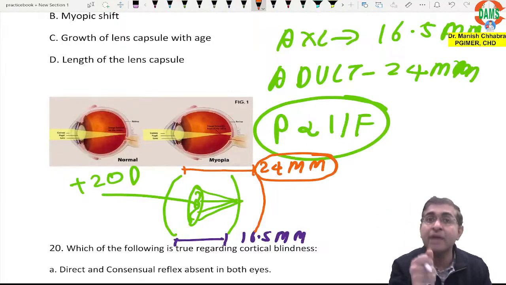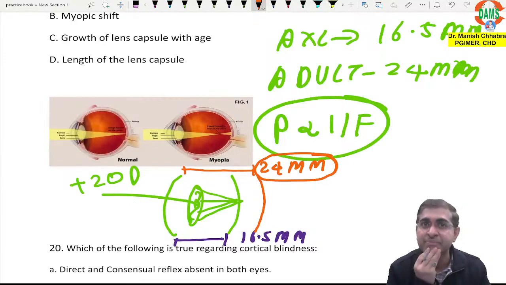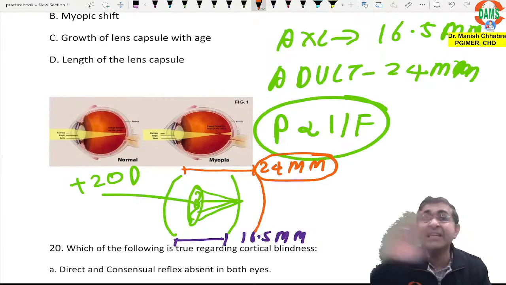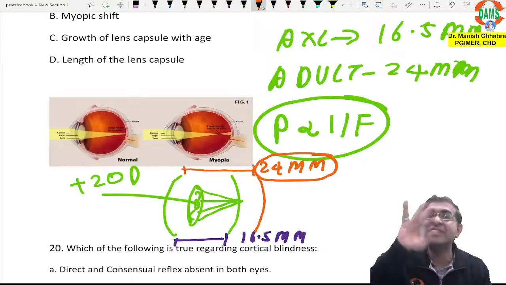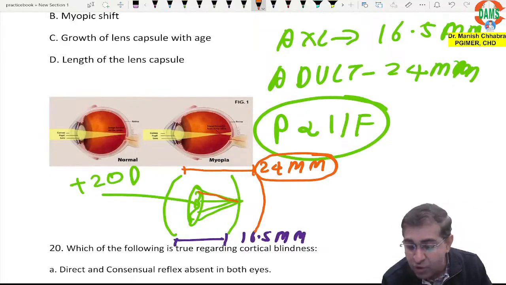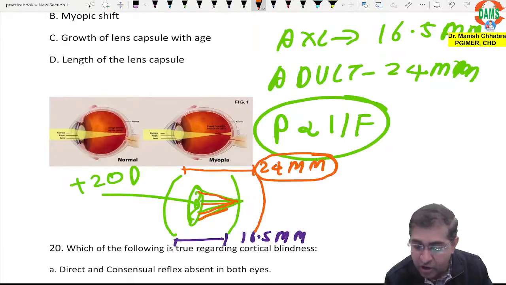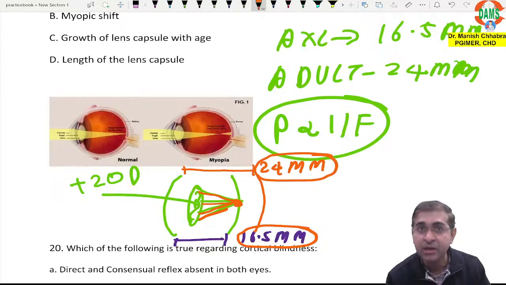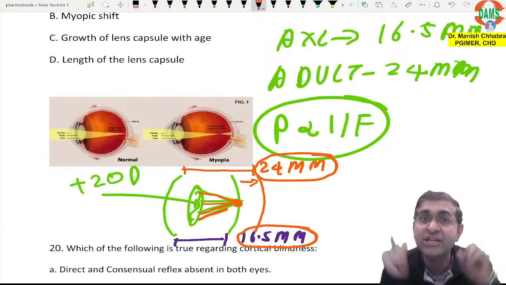But here you had put in the artificial lens. So this lens is not going to change its power, and the focal length calculated when the size of the eye was 16.5 mm will remain the same. But the retina has gone posteriorly due to the increase in the size of the eyeball.